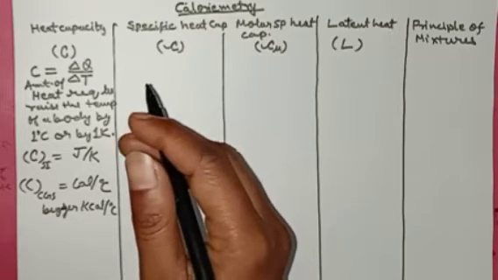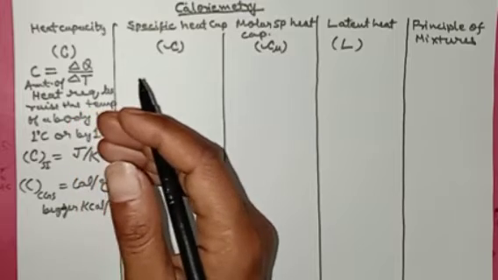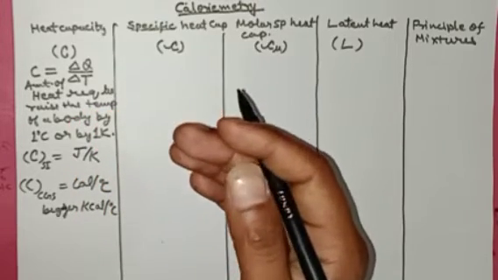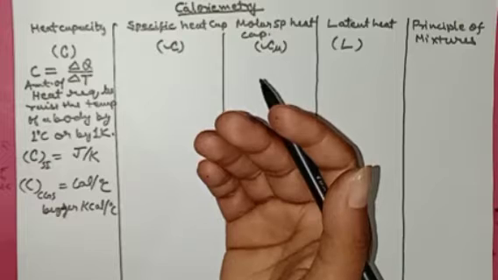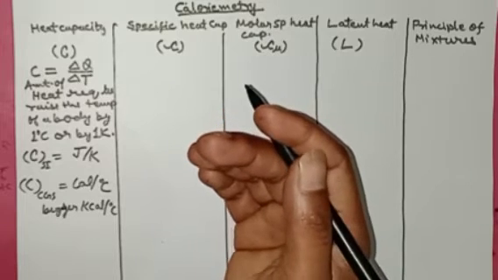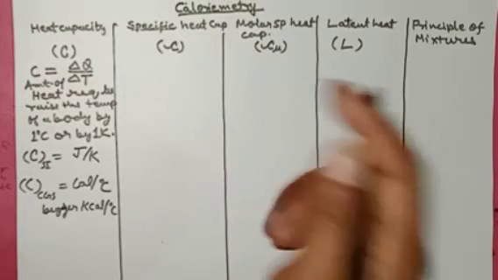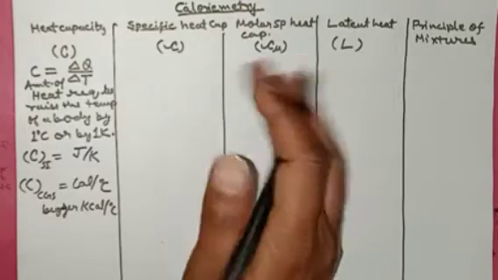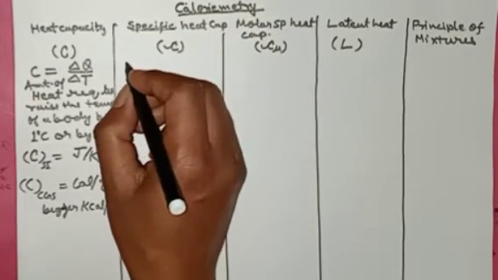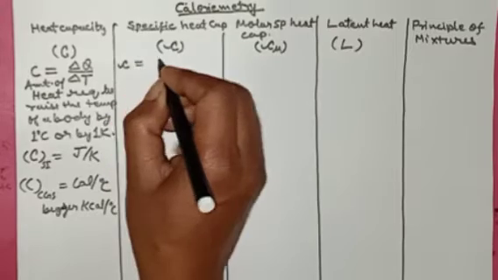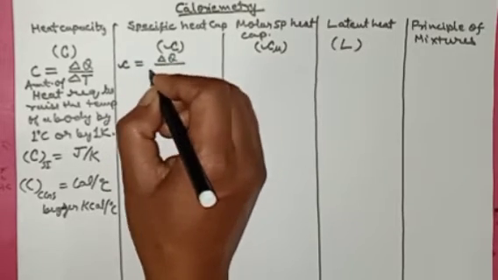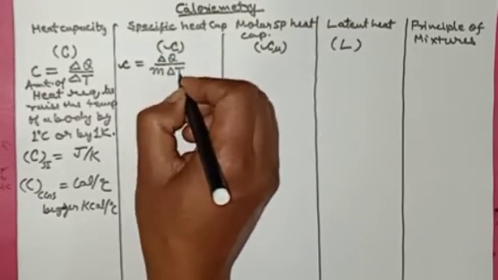So iron is there in that nail, iron is there in that block, iron is there in that ship. So at that time, I would not say the specific heat capacity of iron of the ship. No, just the iron. All right, so its formula is C equal to delta Q upon M delta T.